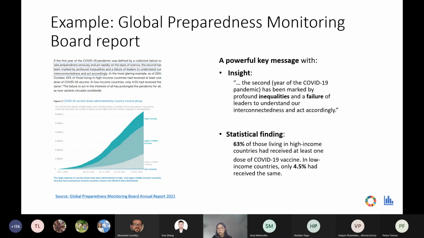And this is, of course, supported by the key statistical findings in terms of the vaccinations: the doses of COVID-19 vaccines used in high-income countries versus in low-income countries. So combine these two, the narrative, the insight with the findings, to make the key messages super compelling.